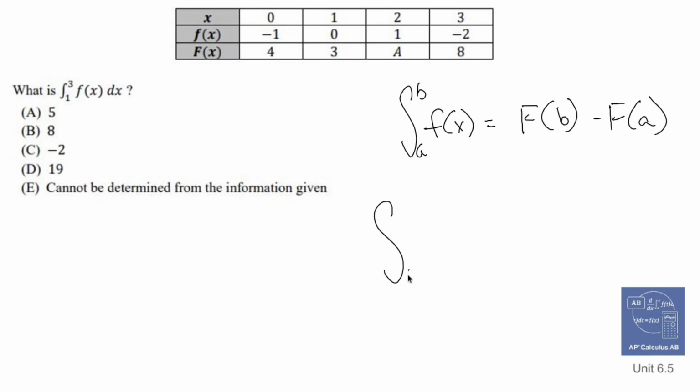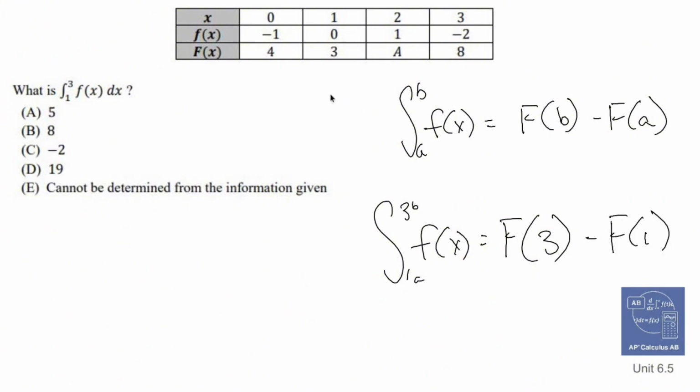So if I want the integral from 1 to 3 of f of x, 1 would be my a, 3 would be my b, so it's capital F of 3 minus capital F of 1. Let's see if I have that information. 1 goes to 3, and 3 goes to 8. So this becomes 8 minus 3, and 8 minus 3 is 5. Baby. Fun stuff.